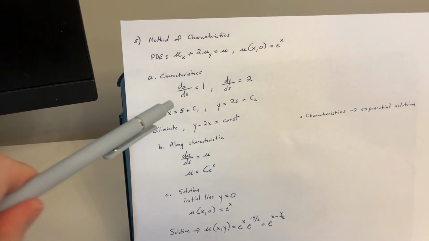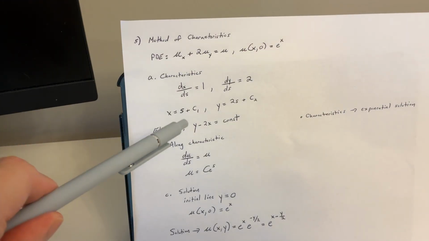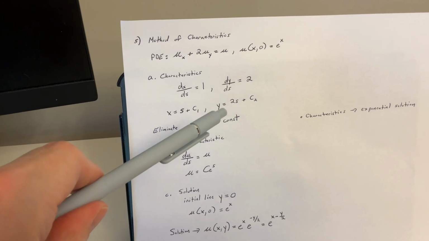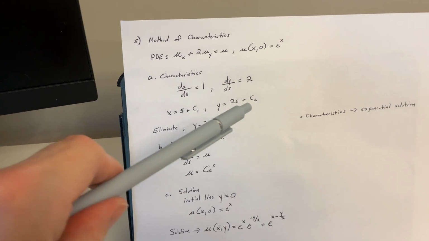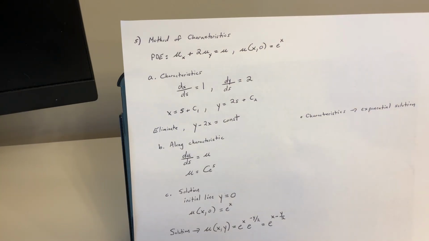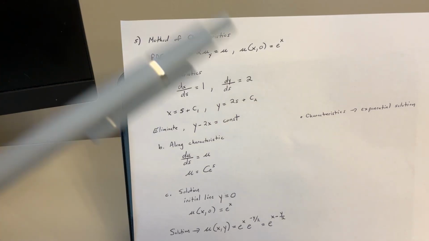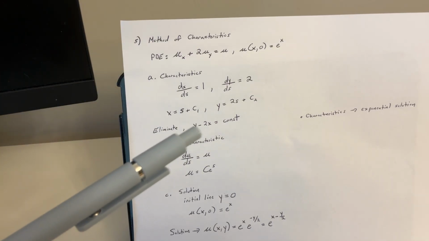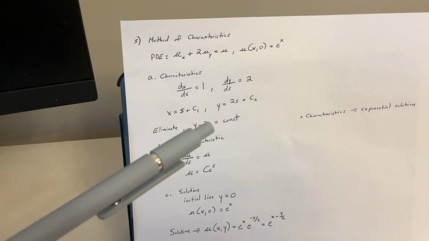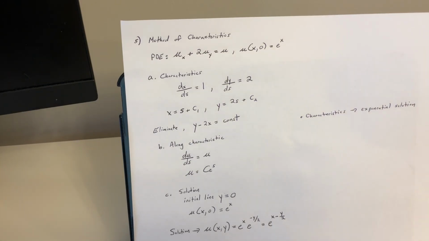We could simply write this as x equals s plus c sub 1, and y equals 2s plus c sub 2. And by process of elimination, going through the algebra, we could say y minus 2x is the constant. So, that's what we have there for letter A.